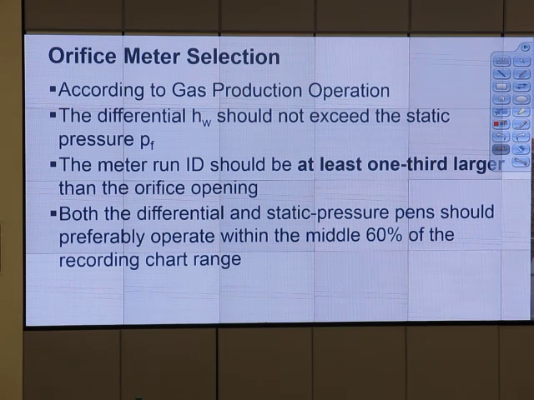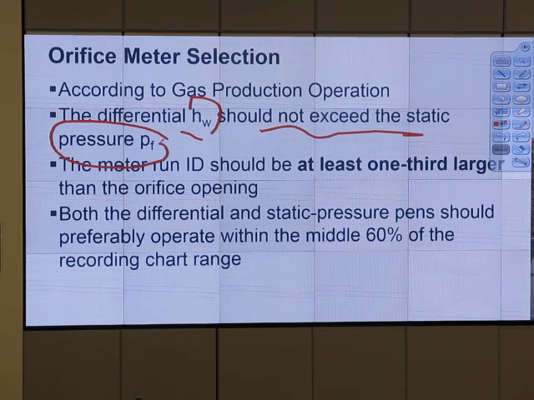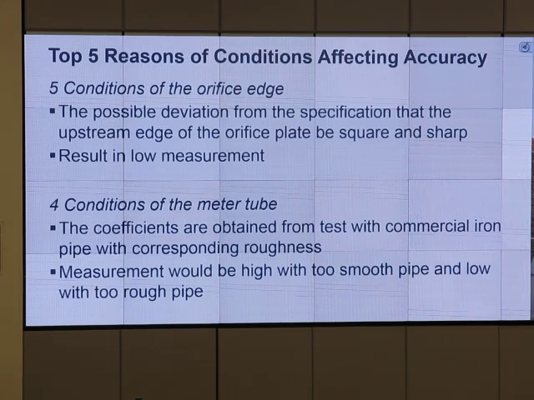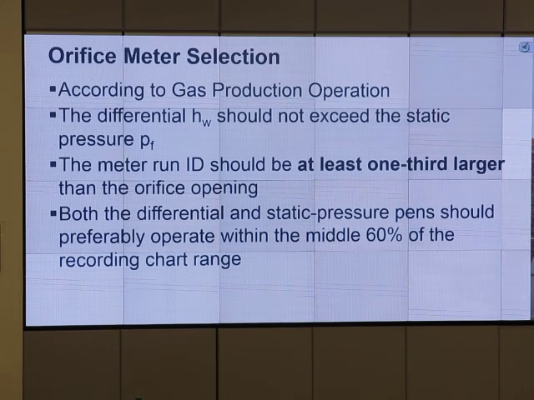The selection method: differential head should not exceed the static pressure. Okay, so this is something to keep in mind when you select. How much do you want to memorize? You should memorize a couple of things on the slide. It doesn't mean you have to memorize everything to pass the test.